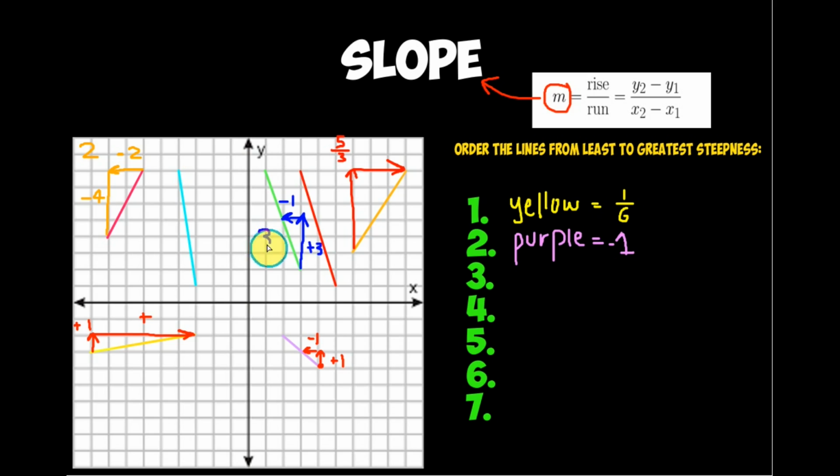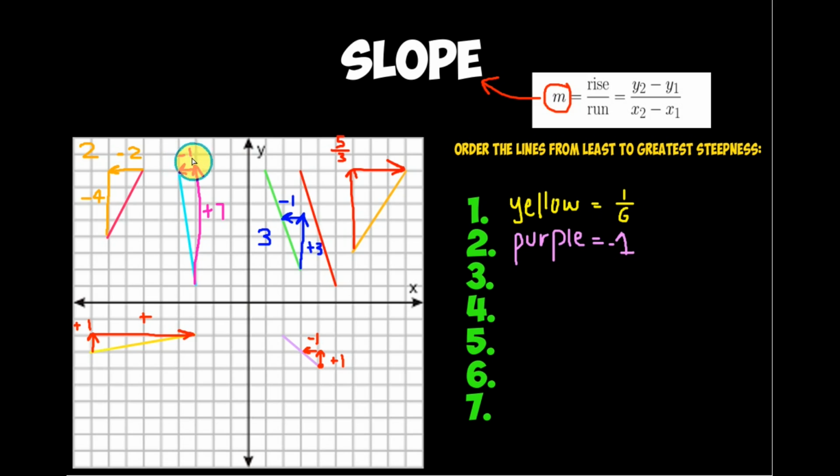Slope of negative 3. So now let's do the same for the other color right here, the aqua color. So we'll start here and we go up 1, 2, 3, 4, 5, 6, 7. This doesn't really meet, so we'll just go up 7. So we go up, positive 7, and then we go left 1.